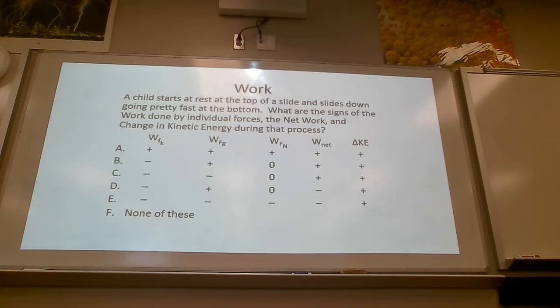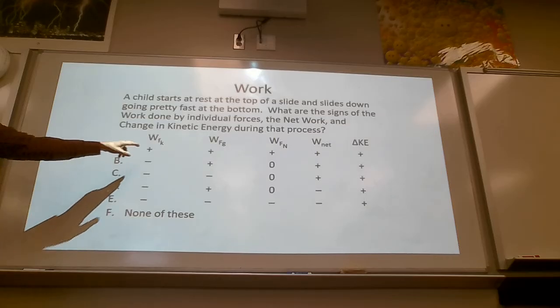Thumbs up when you got something. Have a conversation. Well, I was already at the gravity. Kinetic energy is what? Yeah, this is friction.